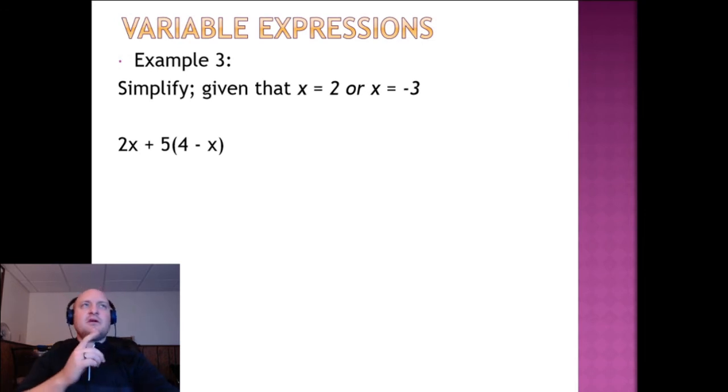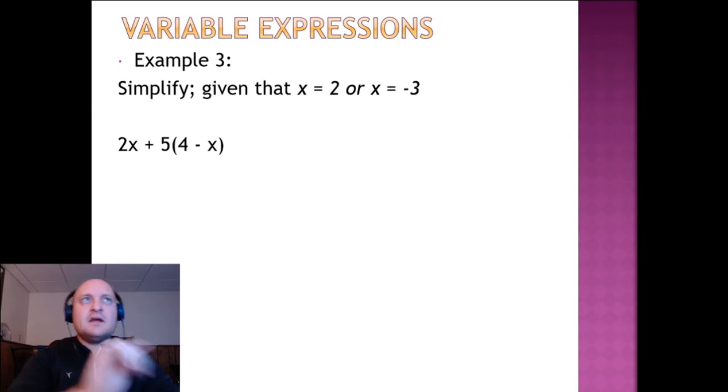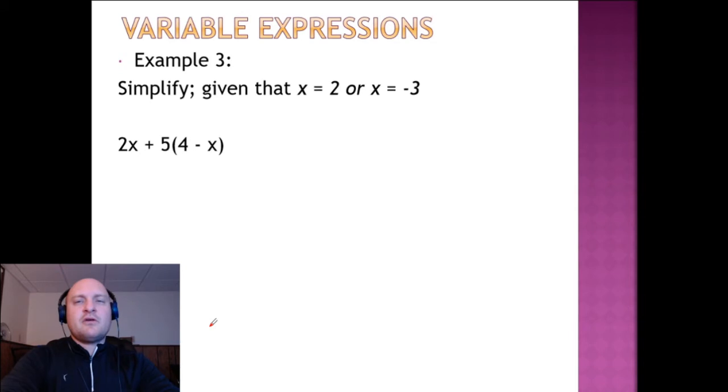Finally, an example here that's 2 problems. It's asking us to simplify whether x is equal to 2 or x is equal to -3. So we will have to do this problem twice, once for x being equal to 2, and once for the x value being equal to -3. And I'll start with the 2, since it's the first one.